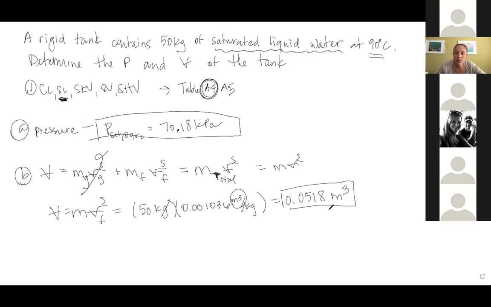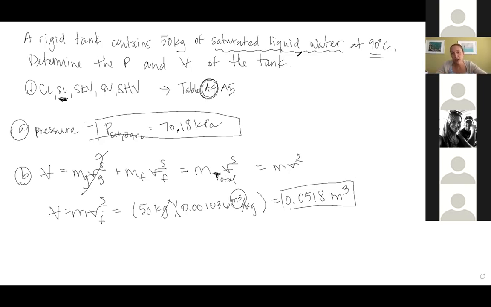Is this what we're going to do for all of them when we're not given vg? It's just liquid? If you know that there is no saturated vapor. So this one we're told there's 50 kilograms of saturated liquid water. So we're told that the entire mass of the rigid tank is saturated liquid water.